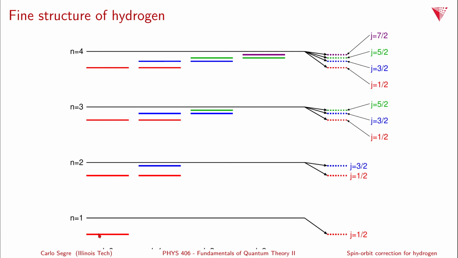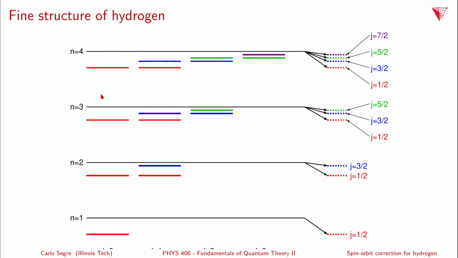and so the energy drops from here to here for the J equals 1/2 state. Now for n equals 2, you have the possibility of having L equals 0 and L equals 1. For L equals 0, you again only have J equals 1/2, and you get a drop. For L equals 1, you can have J equals 3/2 or J equals 1/2. The J equals 1/2 is dropped more. The J equals 3/2 drops a little bit less.